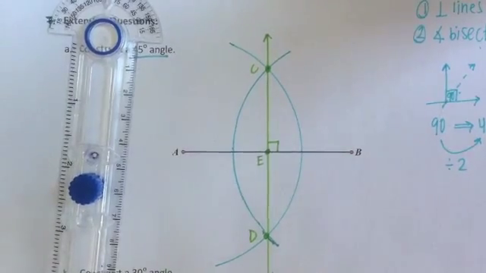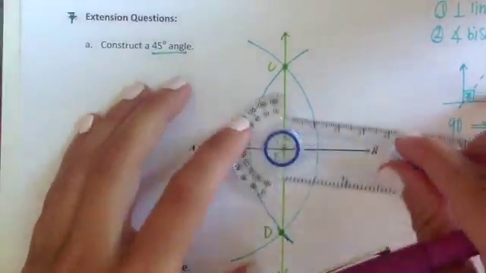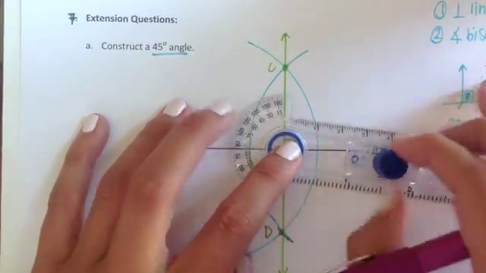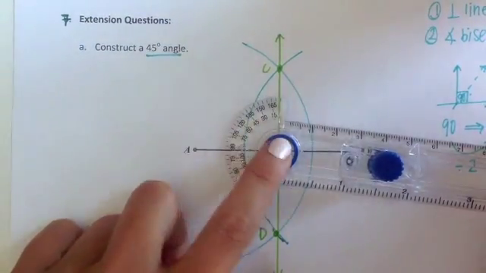So my first step here is to put my center on E. I'm going to close up my radius just a little. Again, it doesn't matter how big it is, but you have to cross both sides of your angle.